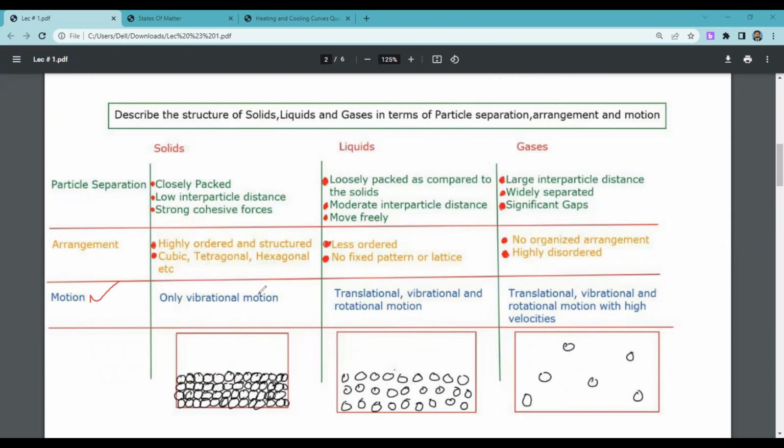Motion. The particles of solids are very close together. They are closely packed. They have strong cohesive forces. Therefore, they cannot leave their position. They are fixed at their position. As they cannot leave their position, it means that they don't have translational or rotational motion because they are fixed at their place.